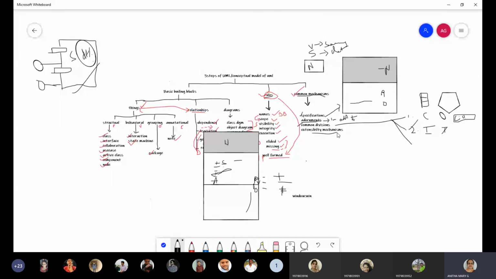extensibility mechanisms. Extensibility mechanisms means whatever is existing may be sufficient for now, but later, in the upcoming years, it may not be apt in that situation. So they have given some extensibilities which can be extended.